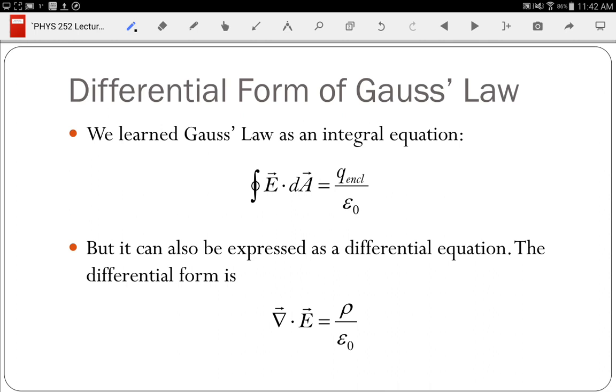Gauss's law, we have that integral form up on top. If we look at the bottom one, you can see that there is some relationship to what we just did. But it's not exactly the same thing. Because the top one, this is an integral over dA, right?